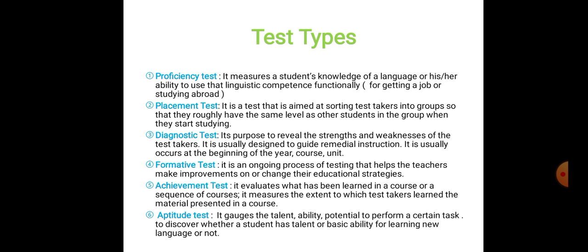Its purpose is to reveal the strengths and weaknesses of the test takers. It is usually designed to guide remedial instruction, and it usually occurs at the beginning of the year or course or unit.